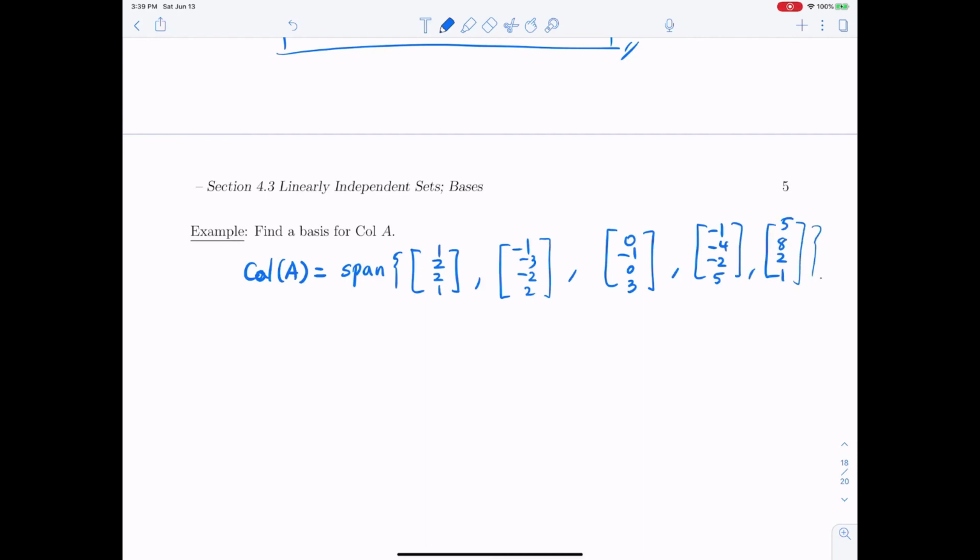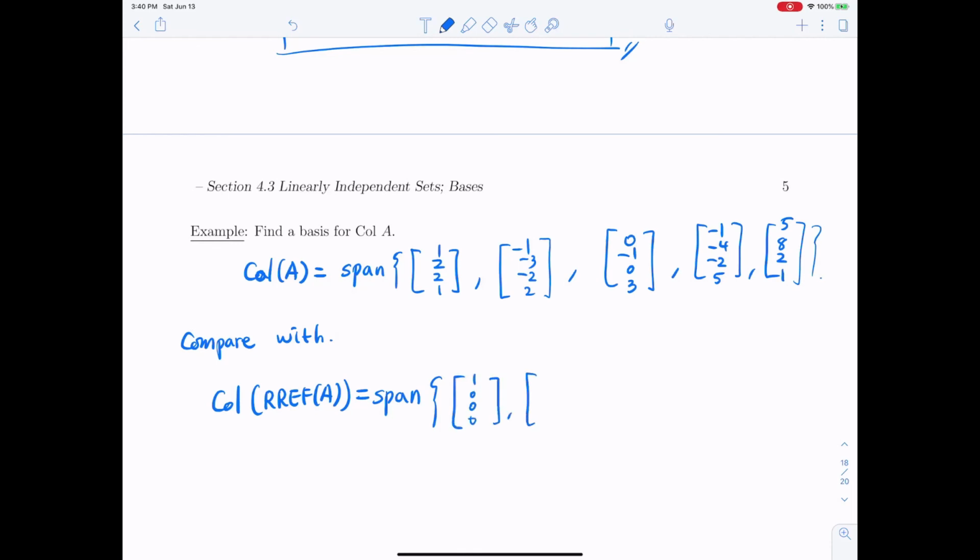Let's compare this with the column space of the reduced row echelon form. If I copy the columns of the RREF of A, this gives you (1, 0, 0, 0), (0, 1, 0, 0), (1, 1, 0, 0), (1, 2, 0, 0), and (0, 0, 1, 0).